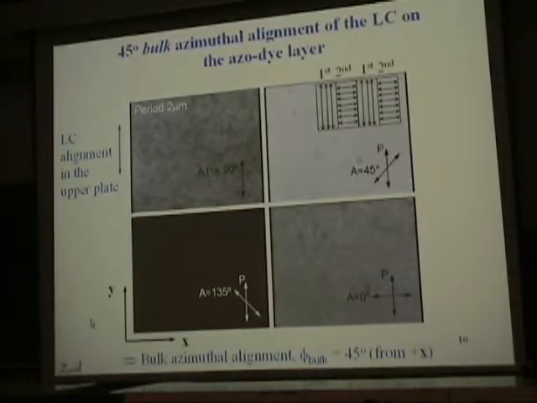This verifies that the liquid crystal indeed has a uniform bulk alignment, and in this case it is 45 degrees. But in general, the bulk alignment of the liquid crystal can be anywhere between 0 and 90 degrees. The exact value depends on how the UV dosage in the first and the second exposure compares.